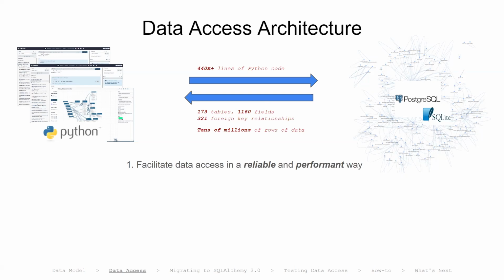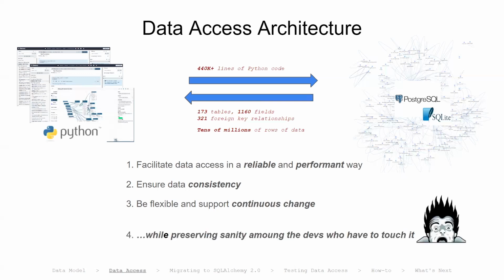The data access architecture is the design of these interactions. And the things that we want from data access architectures are really facilitating data access in a reliable and performant way, ensuring data consistency, being flexible and supporting continuous change, while preserving sanity among the developers who have to touch it.